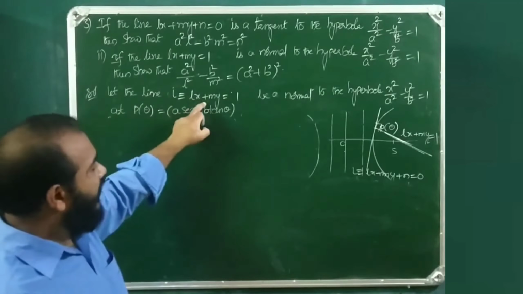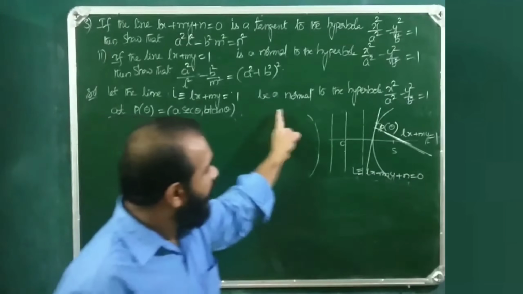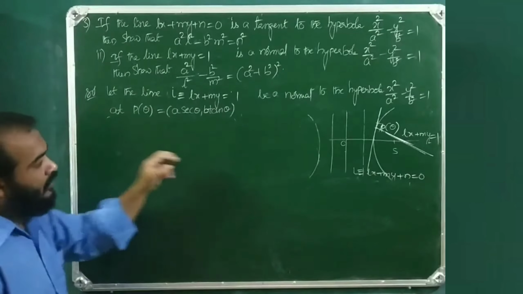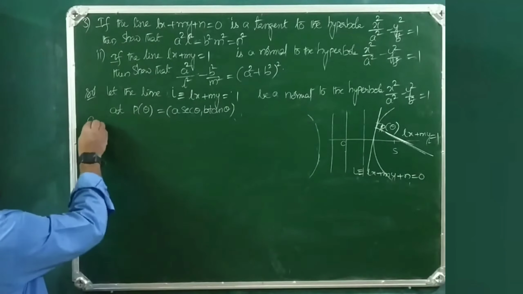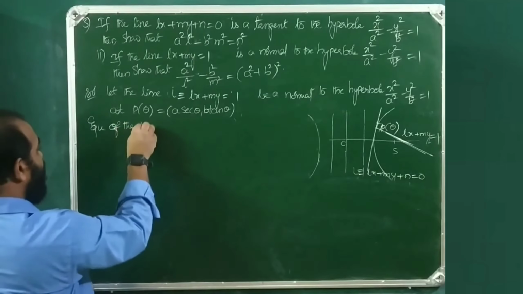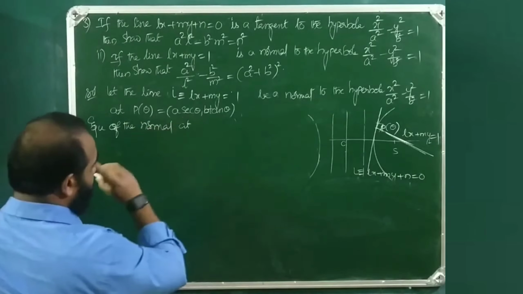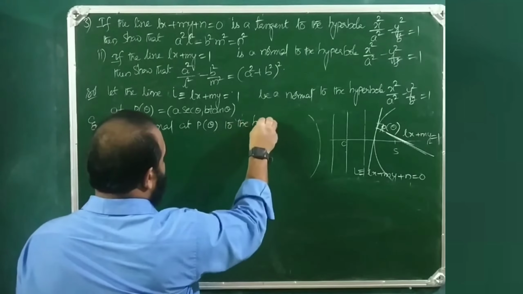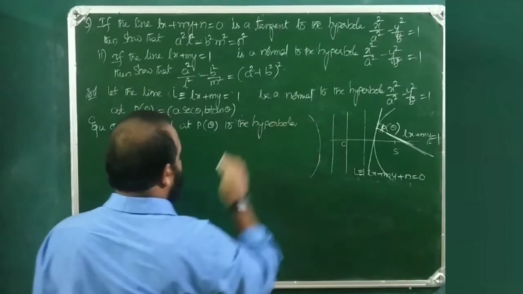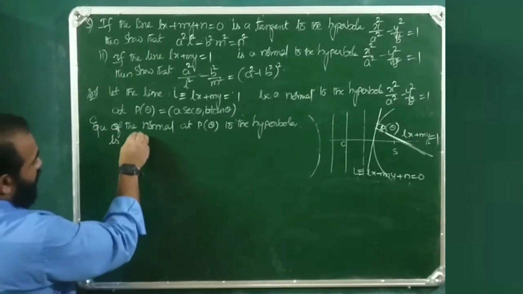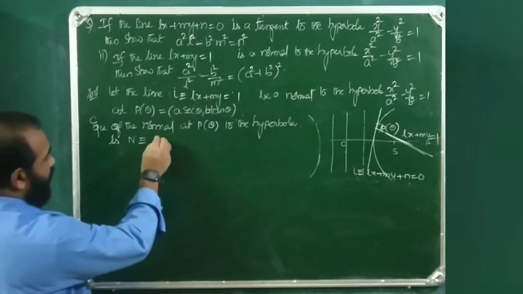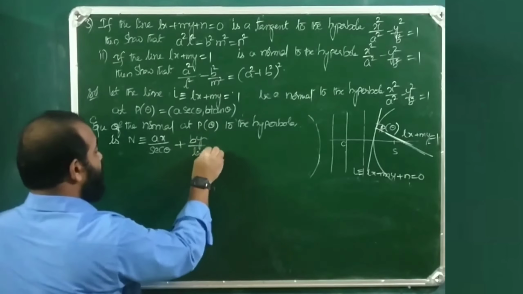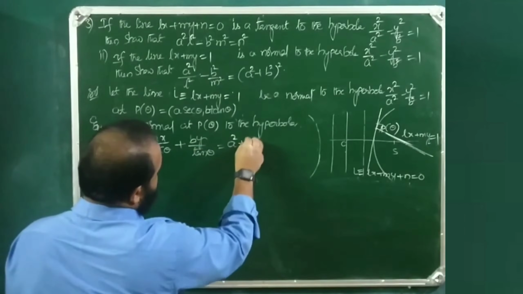The equation of the normal at P theta to the hyperbola is ax by secant theta plus by by tan theta equals a square plus b square.